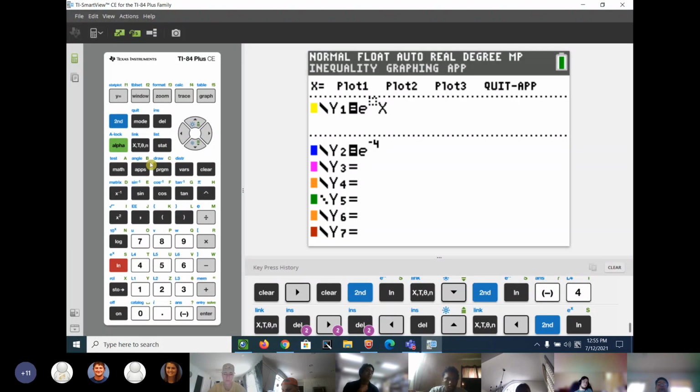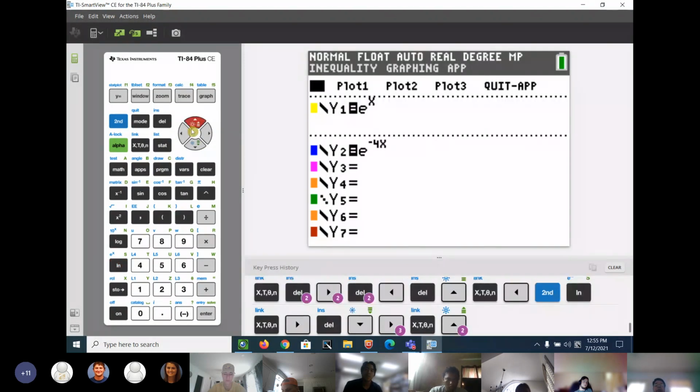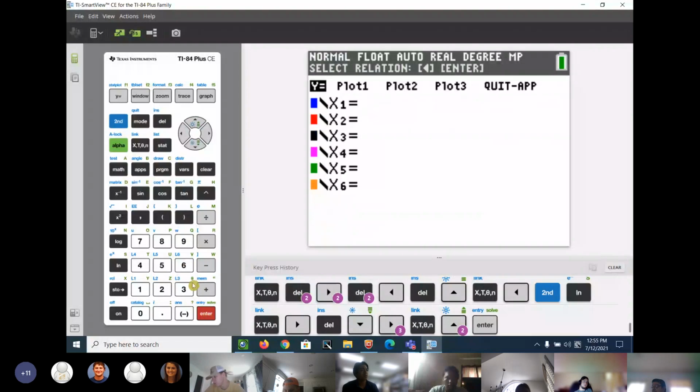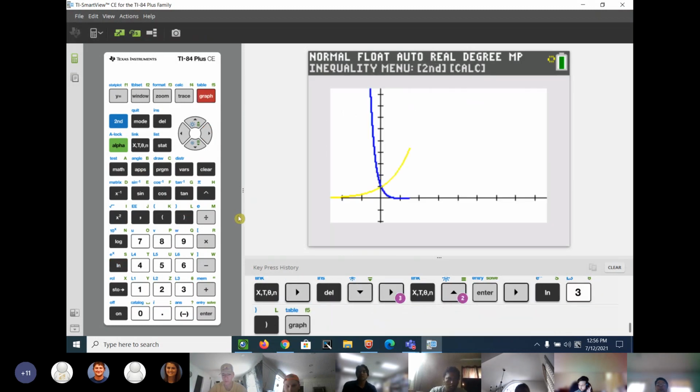And then go up to the top and hit x is equal to natural log of 3. And graph. I bet y'all didn't know how to do that, did you? Yes or no? I did. You're a winner.